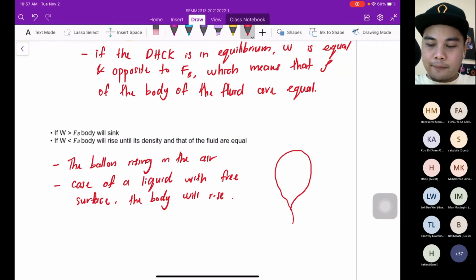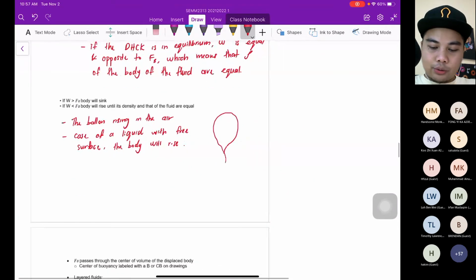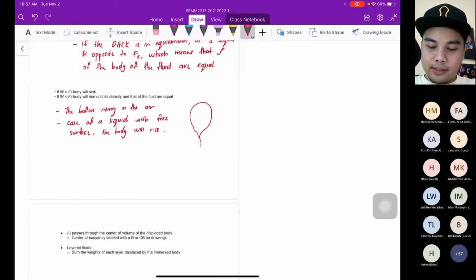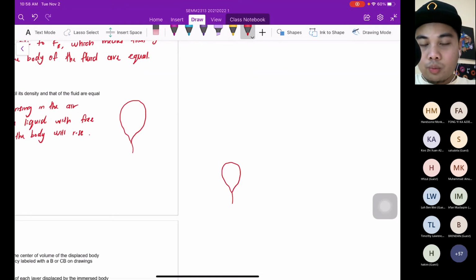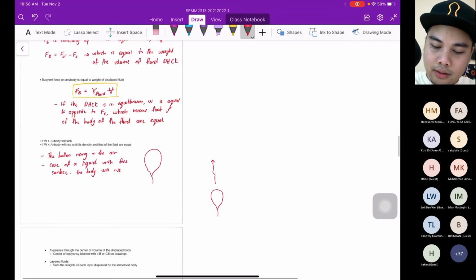Let's see, I want to show you one pretty quick example. This is a balloon. If you let go of the string, it will move until a very high elevation.